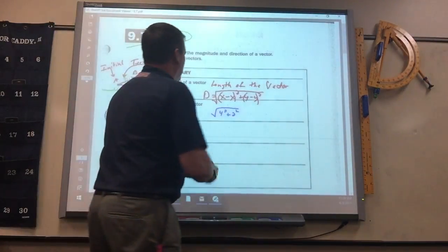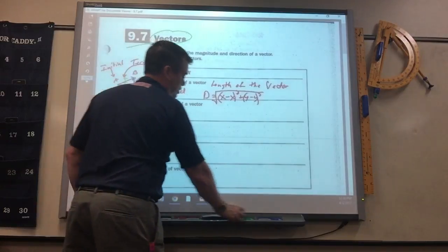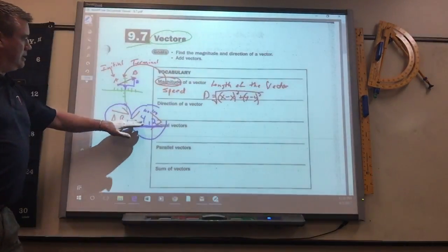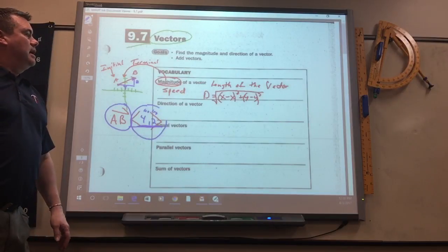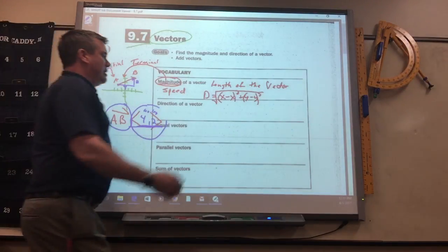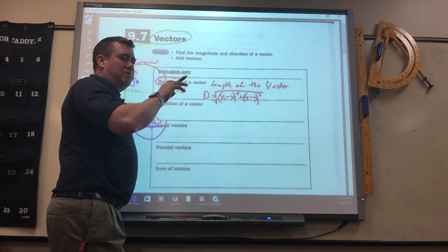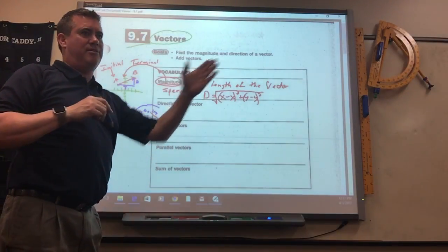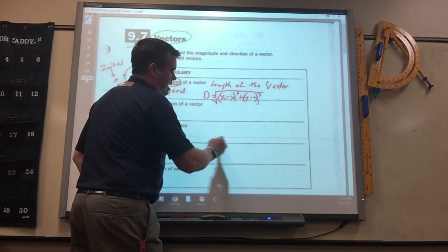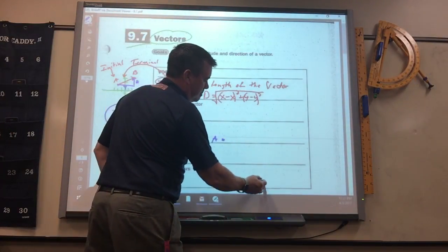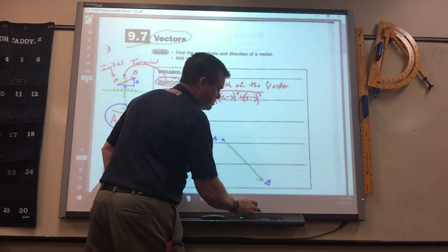The direction, we're going to do tomorrow. We're just going to do the naming it and finding the magnitude today. But direction is formed with the horizon, like airplanes flying vectors because they can fly in a straight line. So if they take off from airport A and they end up at airport B, they're flying like this.